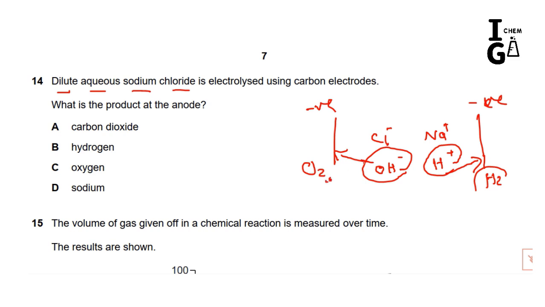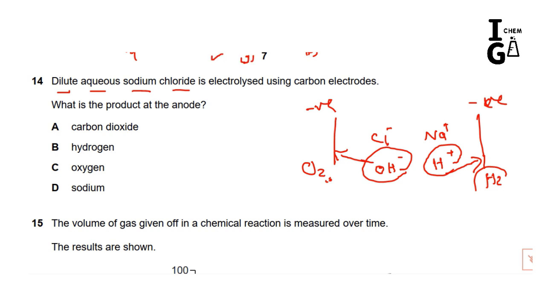You know, guys, we also need to memorize the half equation for OH. It's really important, so I can write it down here. So 4OH negative, aqueous, loses 4 electrons, plus we have 2 water molecules, 2H2O liquid, and we should have oxygen, O2 gas.